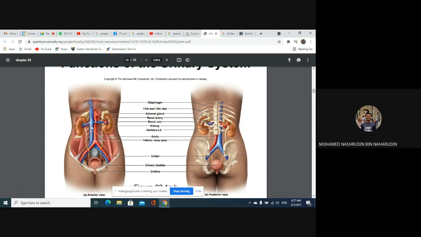This is the aorta and also the inferior vena cava. So blood goes to the kidney and is filtered, and then goes back to the circulation.